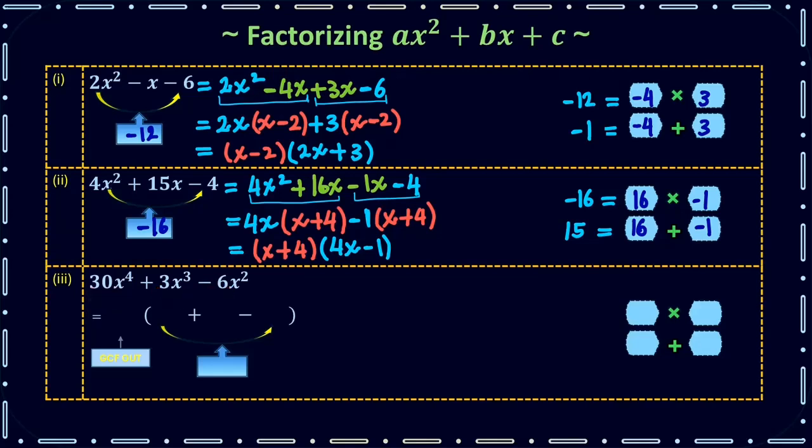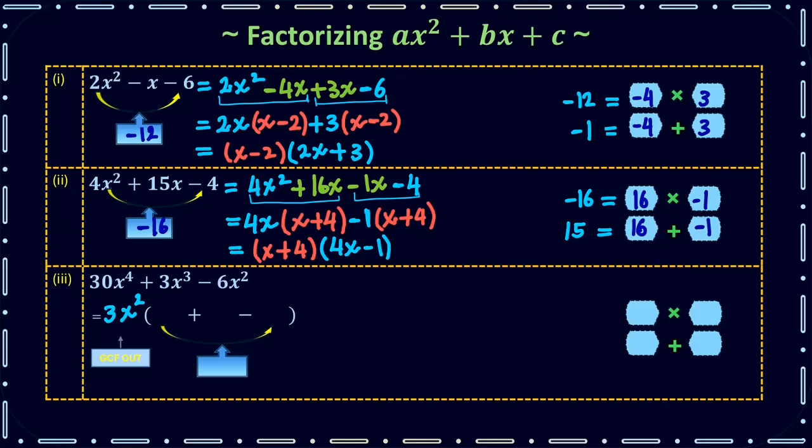They're all divisible by 3, and 3 happens to be the largest number that can divide everything. So the GCF of the coefficients is 3. For the variable factors, we have x to the 4, x cubed, and x squared. X squared is the GCF of the variable factors. Remember, x to the smallest exponent is the GCF.